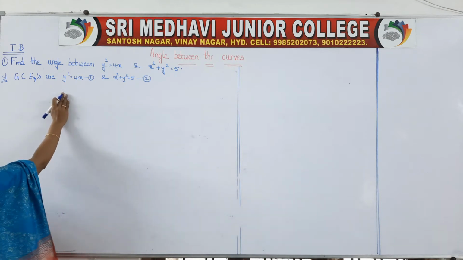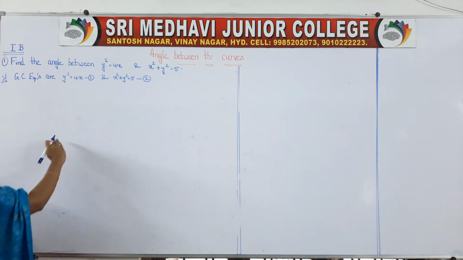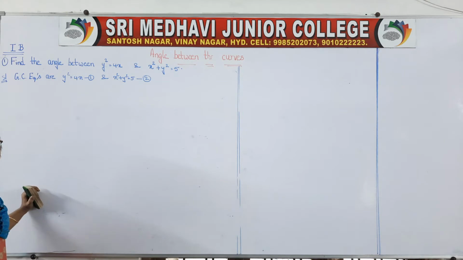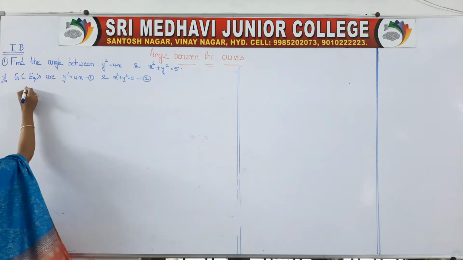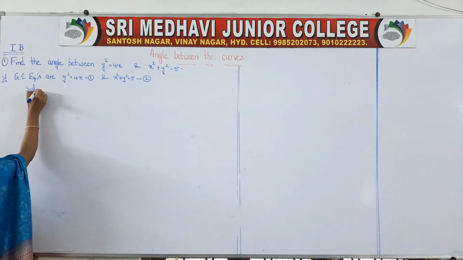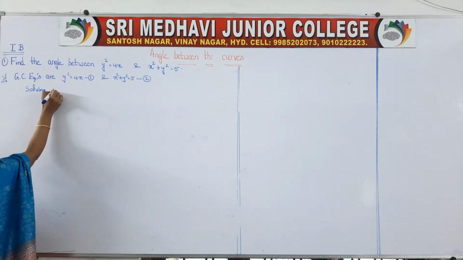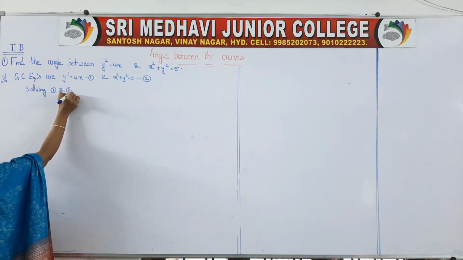Okay. So by solving these two curve equations, we will know how many points of intersection there are, right? Solving which two equations? Equations 1 and 2, right?